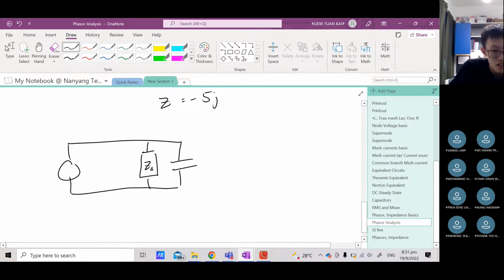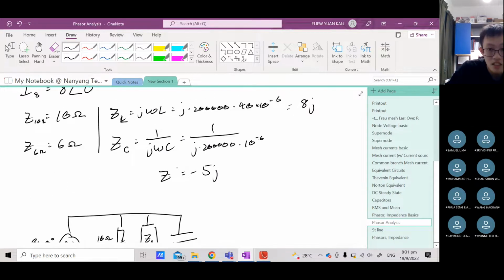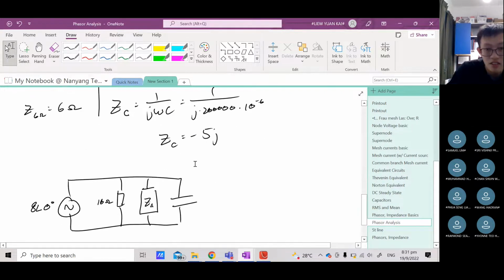Here's the source. The source is 8 at an angle of 0. And then this resistor is 10 ohms, and ZC is negative 5j.